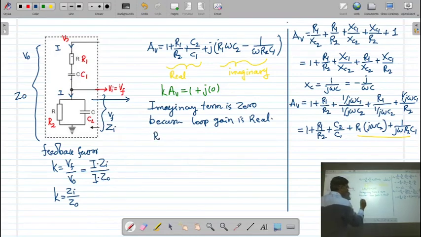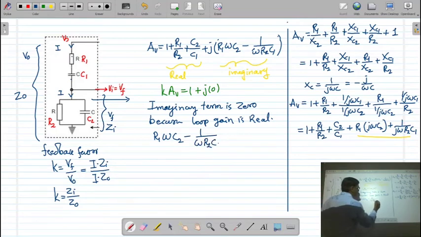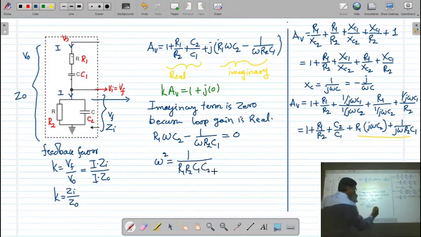That is R1 omega C2 minus 1 upon omega R2 C1, and this is equal to 0. Therefore omega square is equal to 1 upon R1 R2 C1 C2.